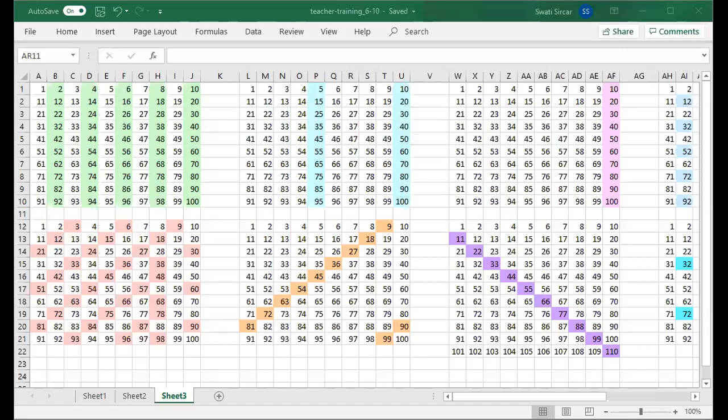If you look at the top, you can see vertical lines. For these three, we get vertical lines.